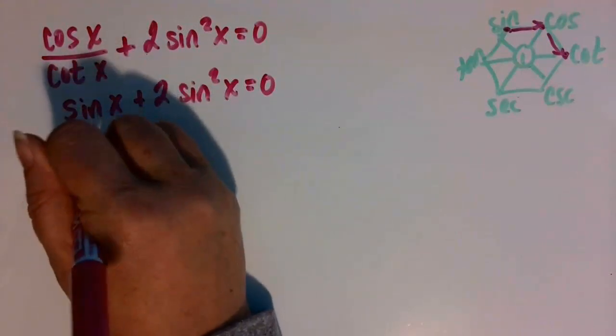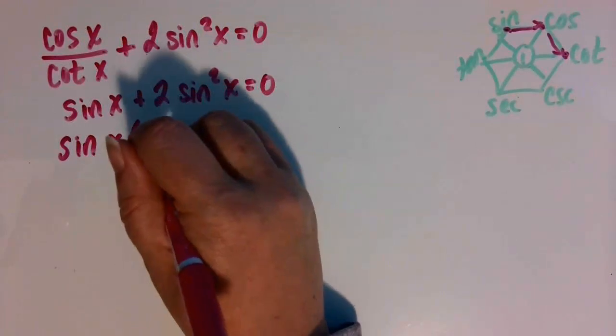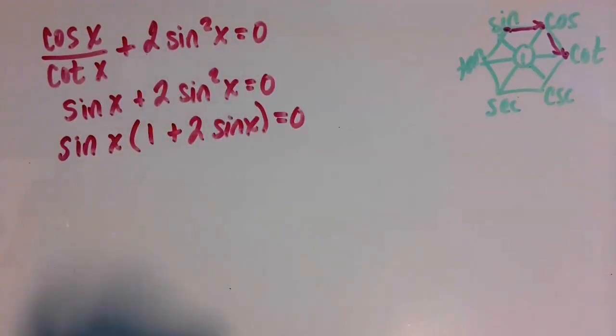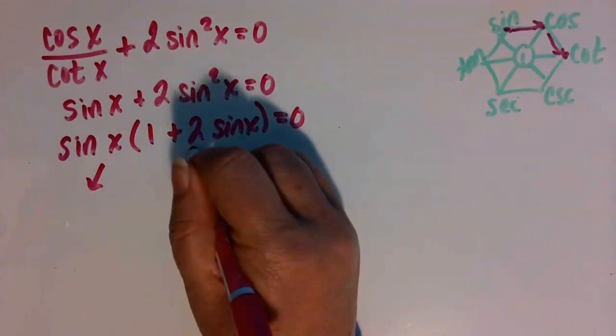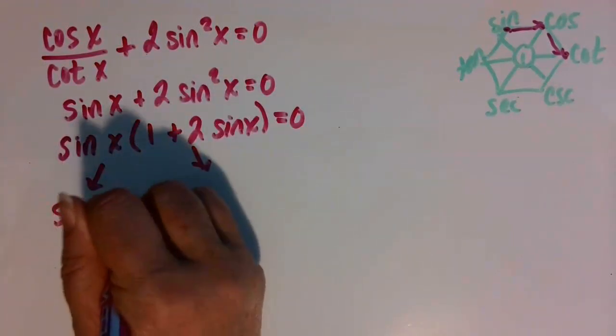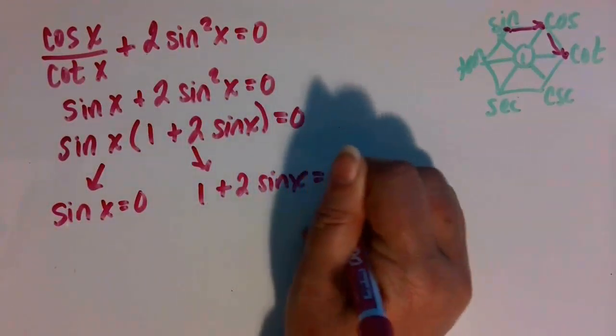So we can factor that out as the greatest common factor, the GCF, leaving a 1 plus 2 sine of x as our other factor. Okay, from here, now that it's completely factored, we can use the zero product property to set each factor equal to 0 and solve for x as its own separate equation.